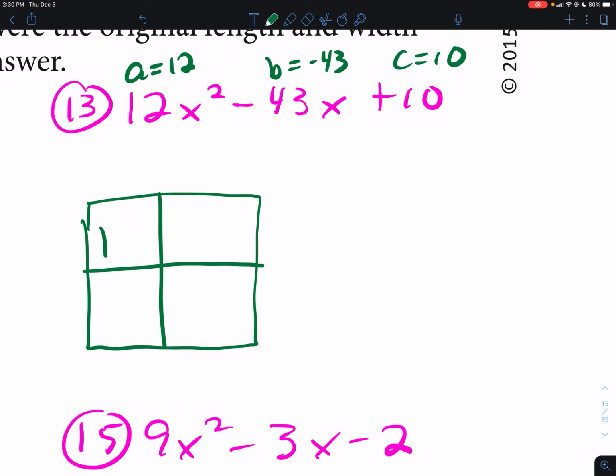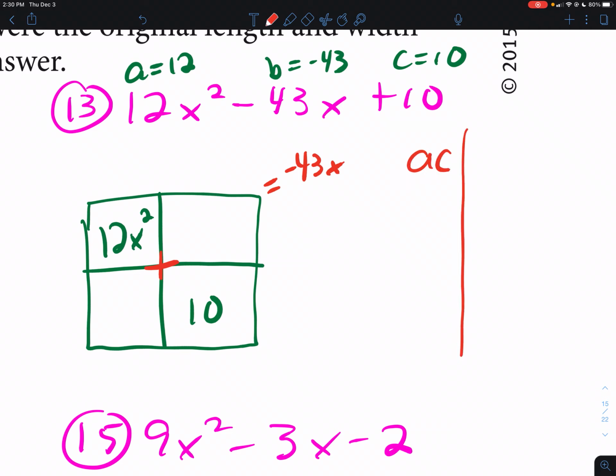We've got 12x squared here, 10 here, and these two blank ones add up to equal negative 43x. A, C, B. Well, A is 12, and C is 10, and B is negative 43.